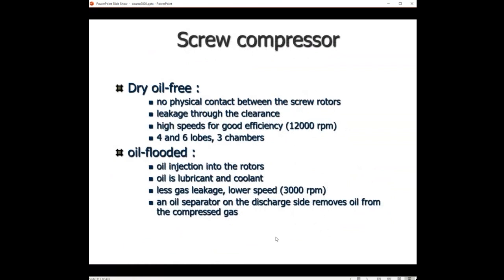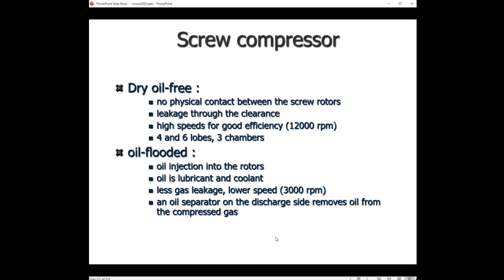Then we have the dry and the oil-flooded screw compressor. The difference is that in the dry compressors, the distance between the rotors, between the lobes, is a bit higher, but the number of revolutions per minute is higher also, in order to have a higher efficiency.